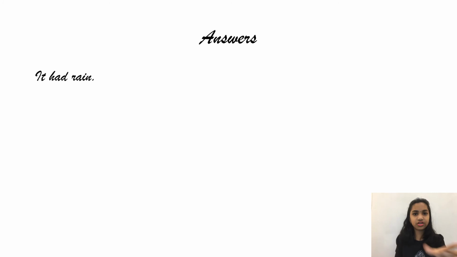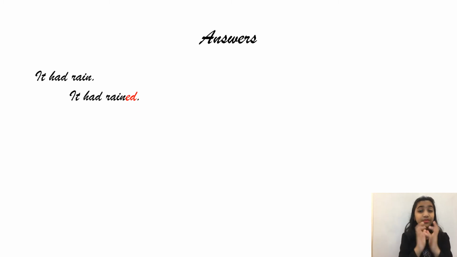This is not verb 3, it is verb 1, rain. So we have to go for the past participle form. It will be: it had rained, because the past participle of rain is rained.